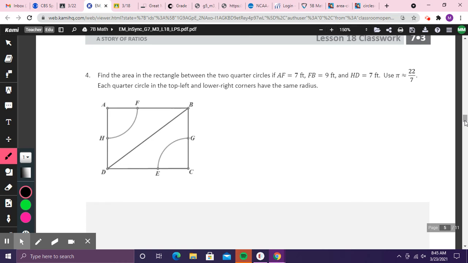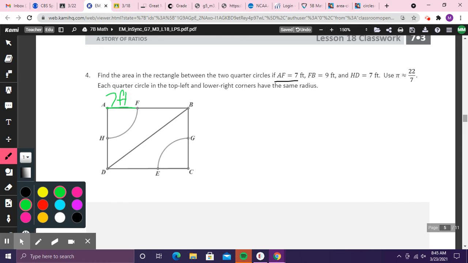Okay, they give you AF is 7 feet. So go ahead and label that down. Where's AF? Top left, right here. Okay, that is 7 foot. FB is what? 9 foot.